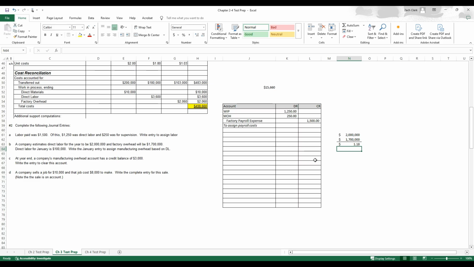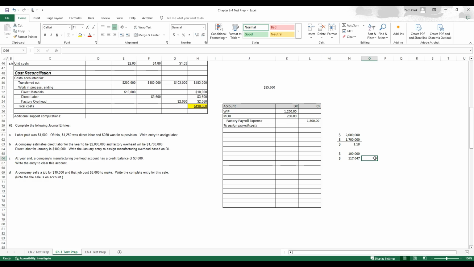And if we had $100,000 of direct labor, then we're going to multiply that times the $1.18. And so we're going to end up with 117,000. Wait, my answer sheet.